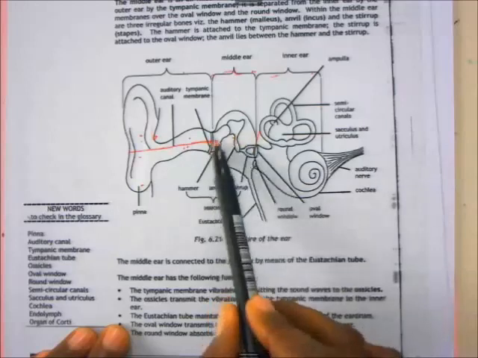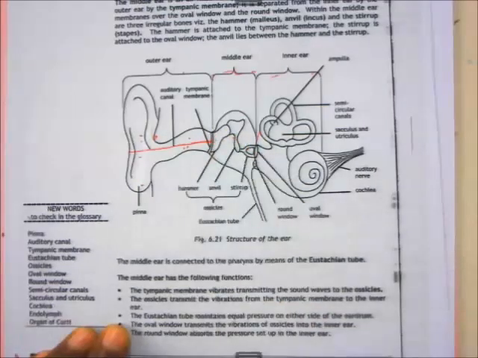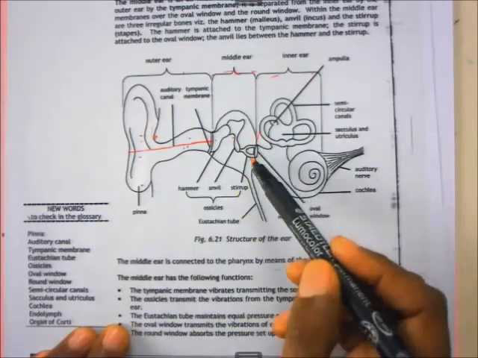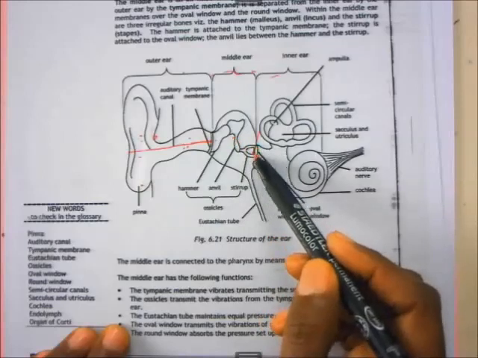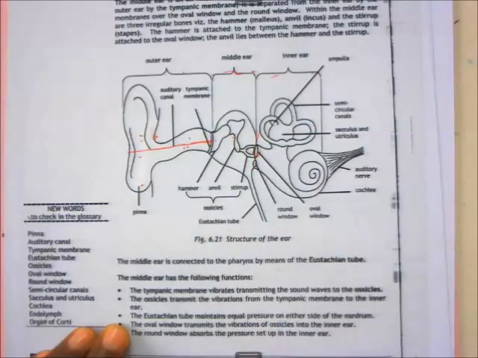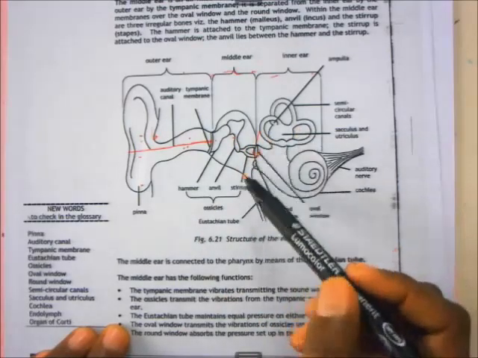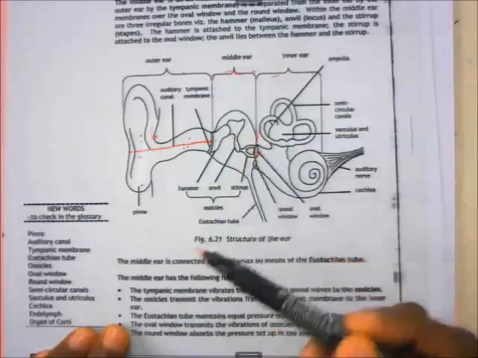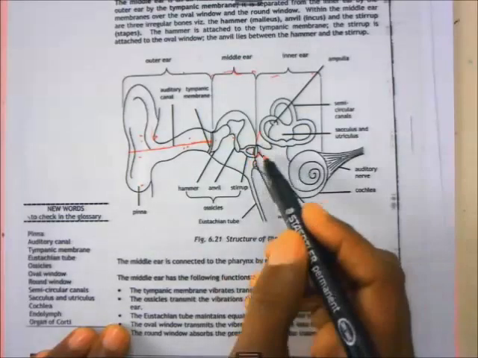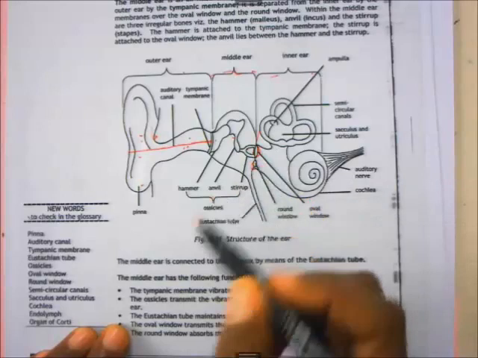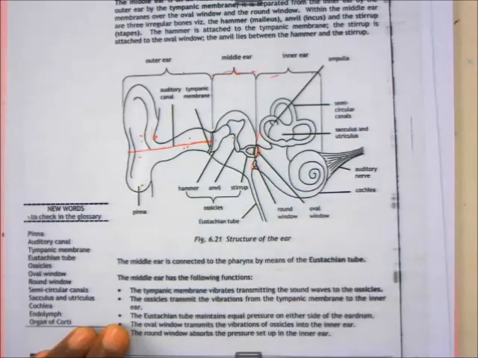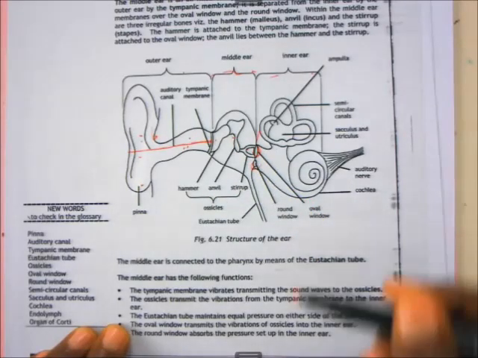Apart from the three ossicles, the middle ear is made up of a window here, which is called the oval window. Below the oval window, there is another window which is called the round window.